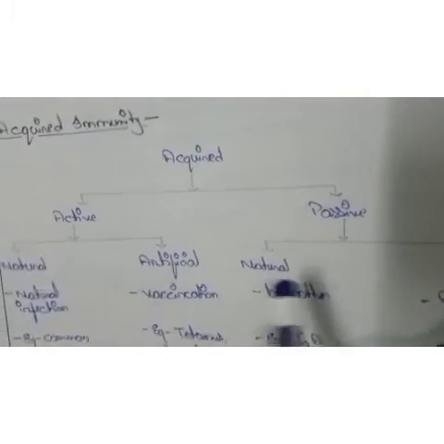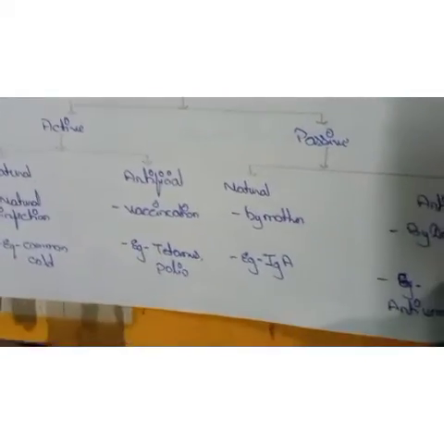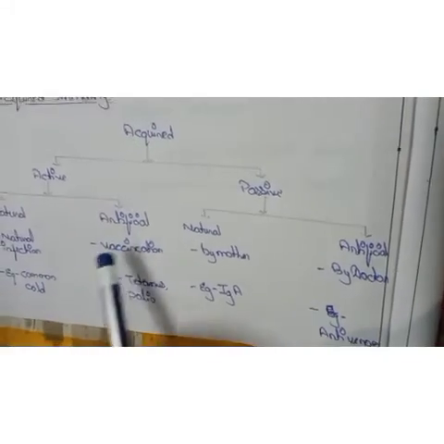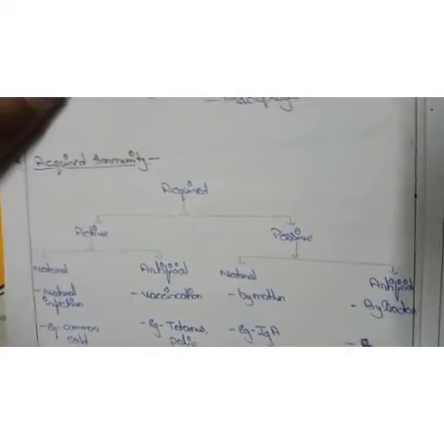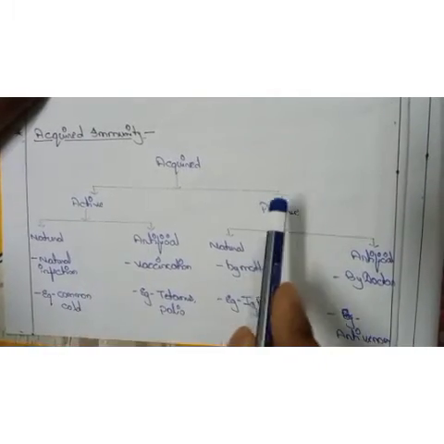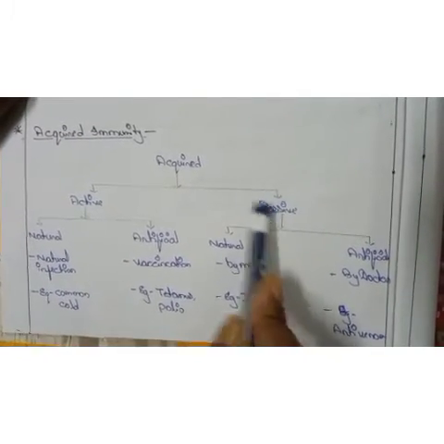In acquired immunity there are also two types, divided into two subdivisions: active and passive acquired.